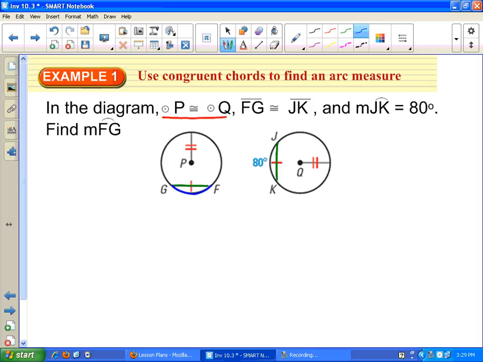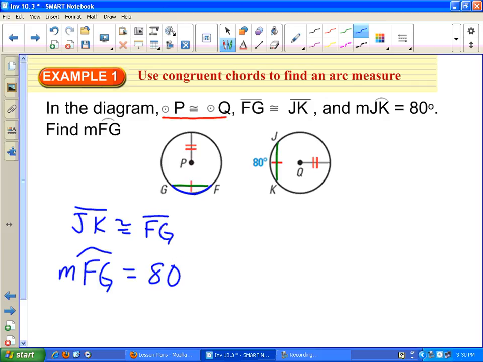Using theorem 10.3, knowing that our circles are congruent and JK is congruent to FG, we can say that the measure of arc FG is 80 degrees because JK is 80 degrees.